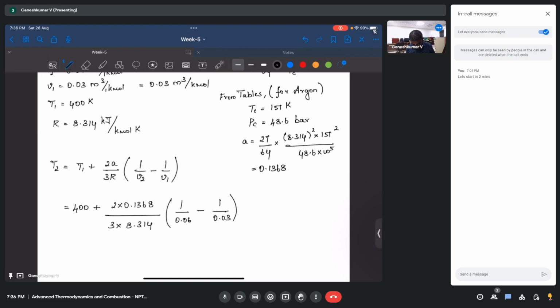This is negative, minus 16.67, into 2 into 0.1368 divided by 3 divided by 8.314.